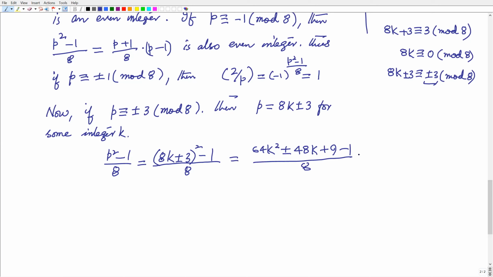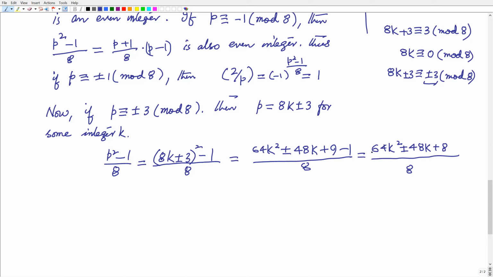Okay, so this will be 64k square plus minus 48k plus 8 divided by 8.